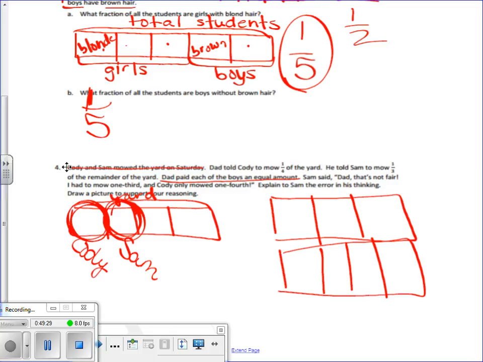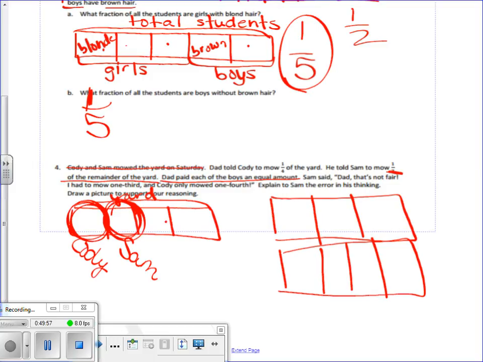But in the realm of this tape diagram, did he really do more? No, because it was 1/3 of the remainder of the yard. So they did the equal, and then someone just came through and swept the rest of it. This is not even important.